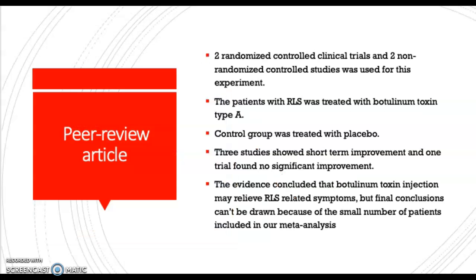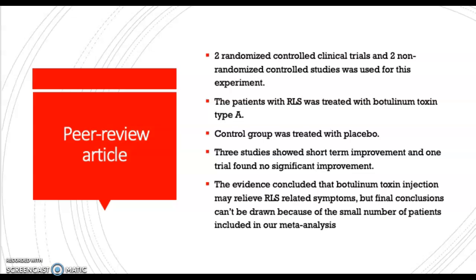So this is the peer review article. Two randomized controlled clinical trials and two non-randomized controlled studies were used for this experiment. The patients with RLS were treated with botulinum toxin type A to relieve restless leg syndrome related symptoms.